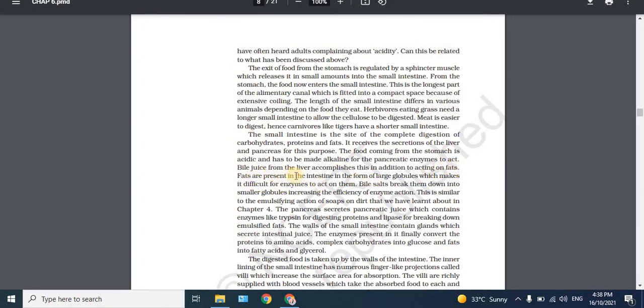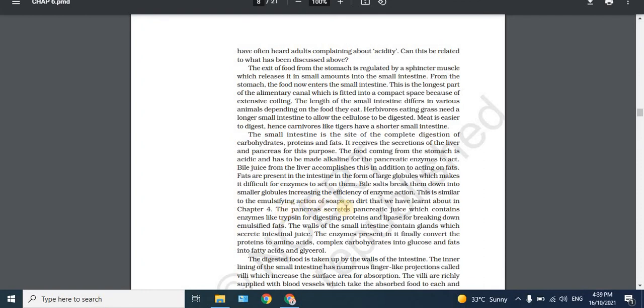The fats are present in the intestines in the form of large globules, which makes it difficult for enzymes to act on them. The bile salt breaks them down into smaller globules, increasing the efficiency of the enzyme action. This is similar to the emulsifying action of soaps on dirt that we have learnt about in chapter 4.